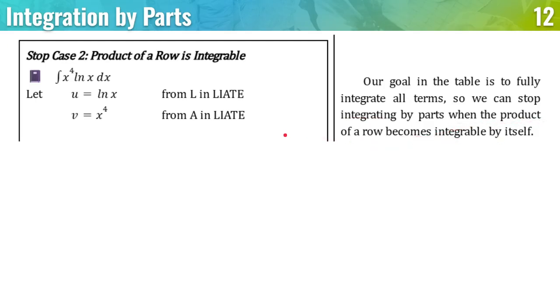So let's have an example. Usually this appears with the ln and the e's. So from the logarithmic in Liate, we assign L and X first.